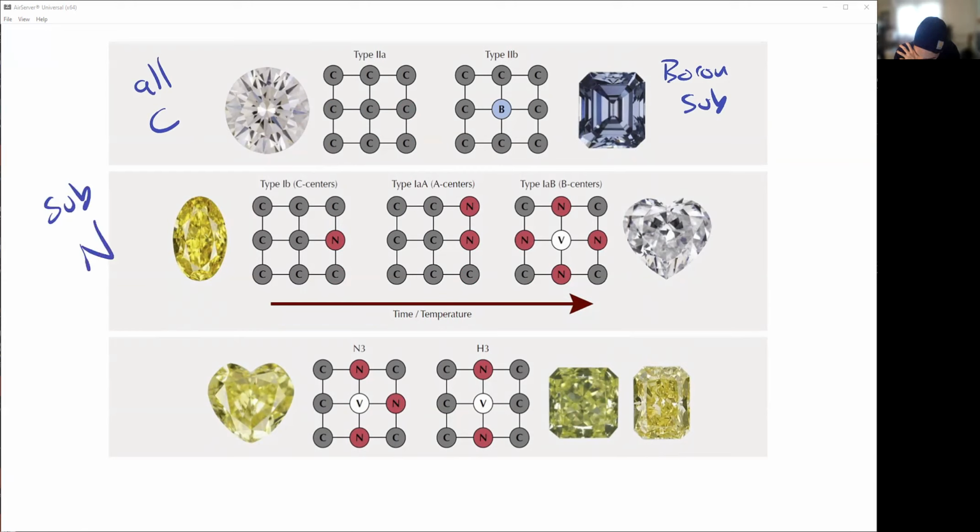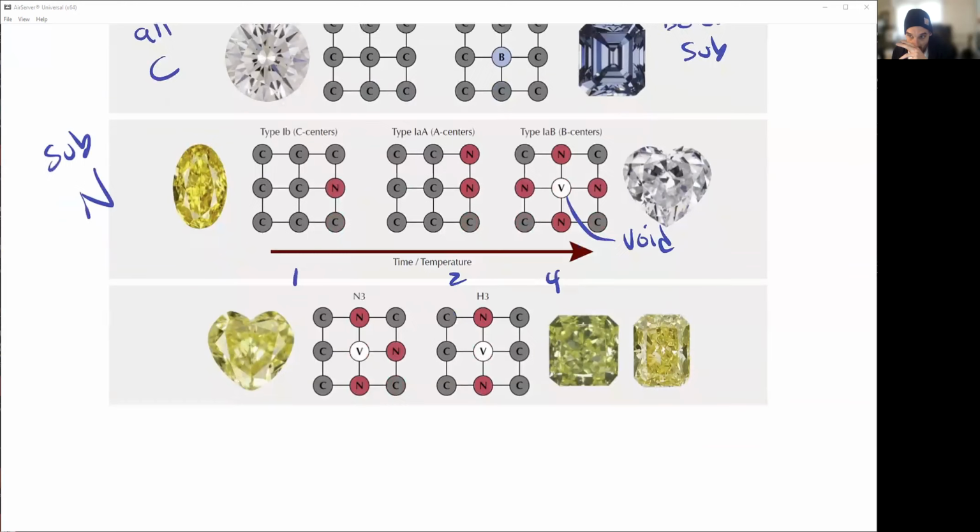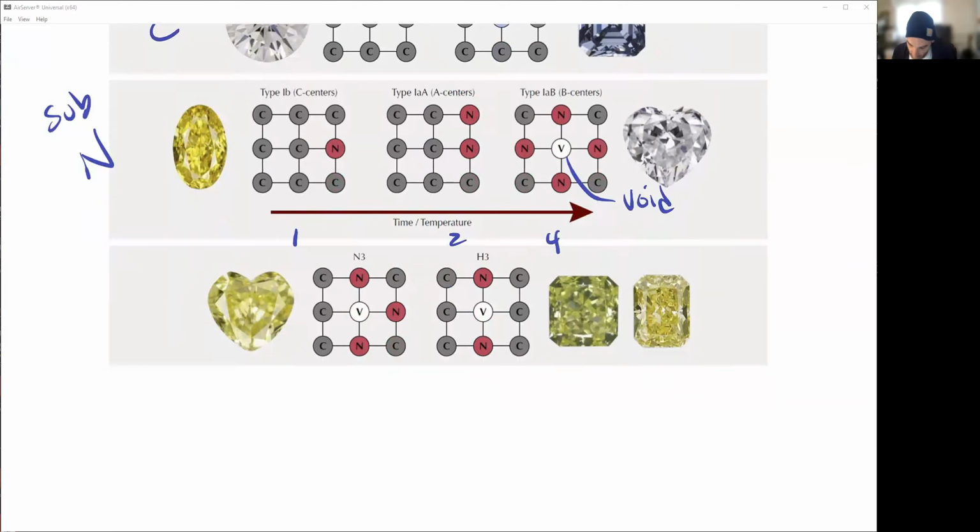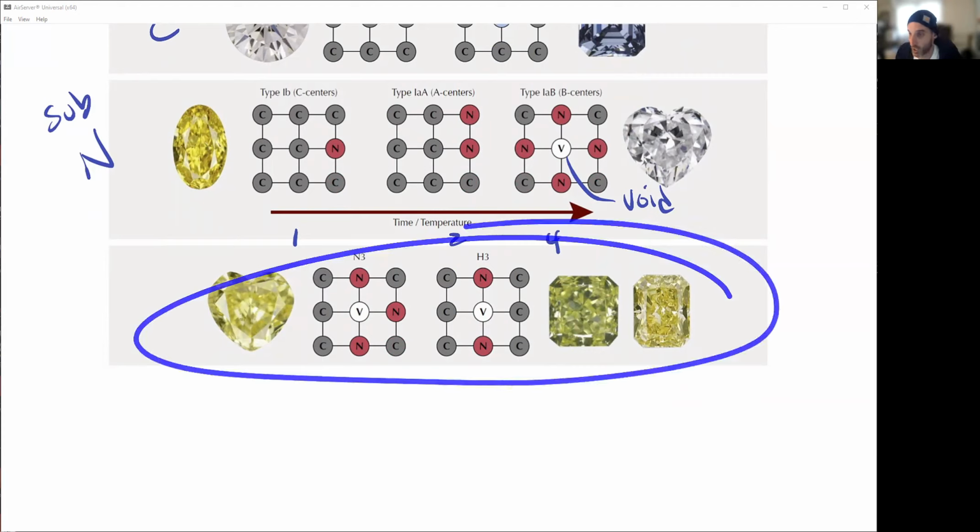So this has 1 nitrogen, this has 2 nitrogen, this has 4 nitrogen, and the V is equal to void. And what do you notice happens? Again, we're changing the behavior, changing the shapes of these things. By changing the amount of nitrogen, and again, same thing here, we're substituting in nitrogen and having voids, we change the color.